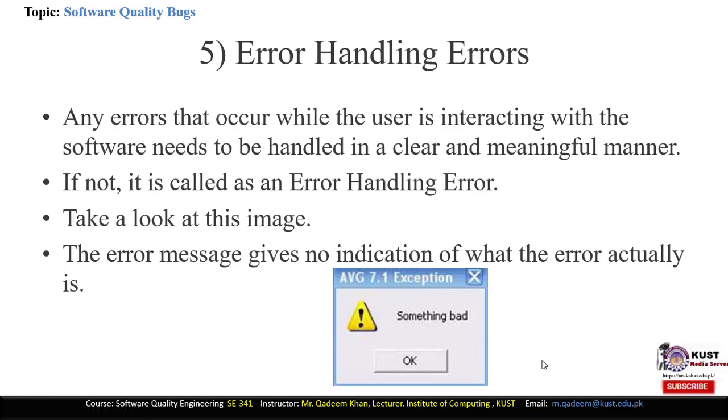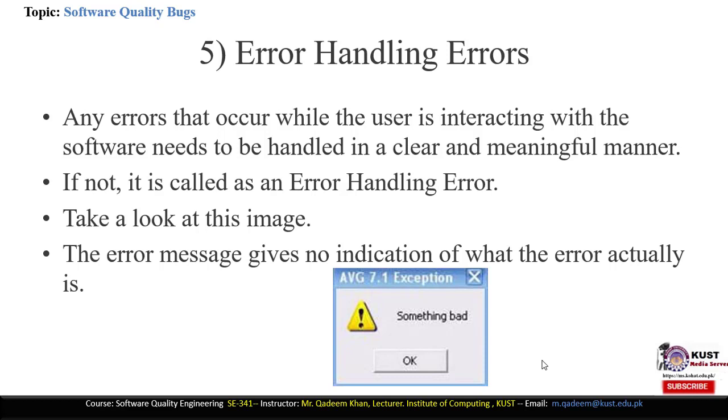Next is number 5, error handling errors. In error handling errors, the software does not provide meaningful information. There will be a problem in the information provided by the messages.